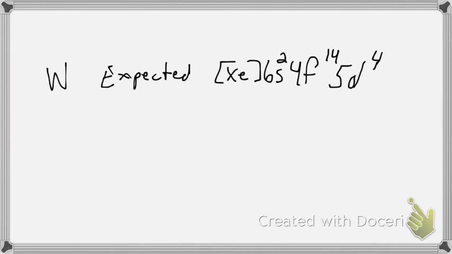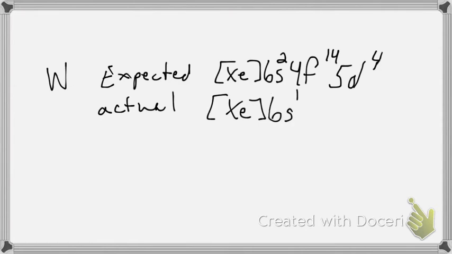But that's not really what happens. You don't have to draw that out, the orbital notation, but I want to show you that. The actual is xenon, and then when that electron moves, 6s1, 4f14. Don't touch the F's. Never. And then you're going to get 5d5.